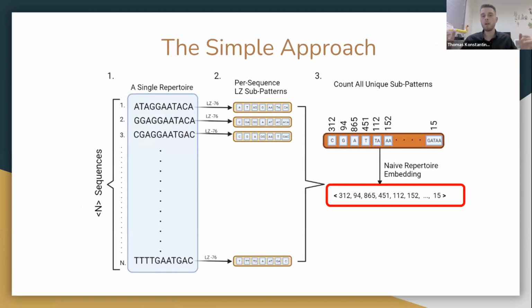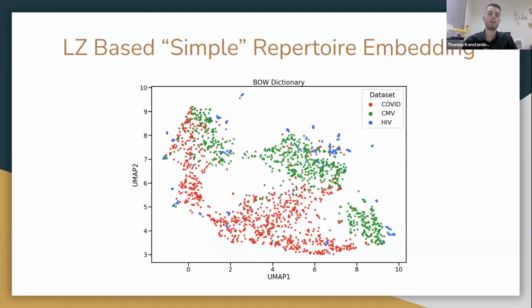So I went from tens or hundreds of thousands of sequences into a simple, quite short numeric vector that encapsulates the information on the entire repertoire. This naive representation already shows how it can encapsulate information in repertoires.